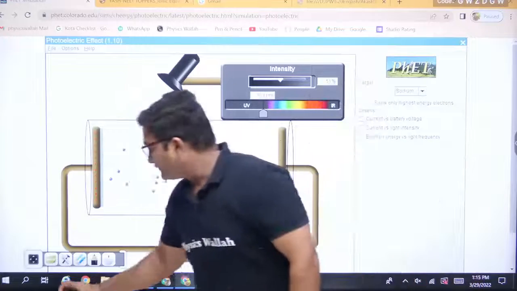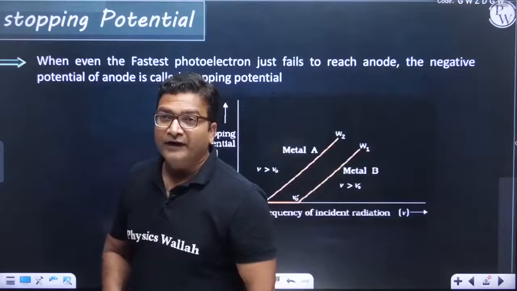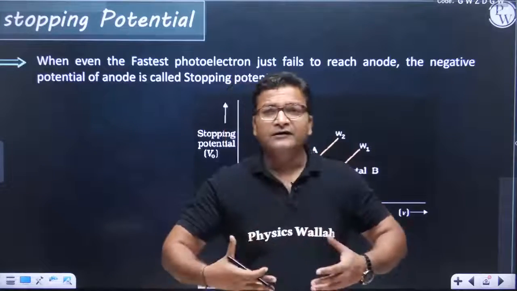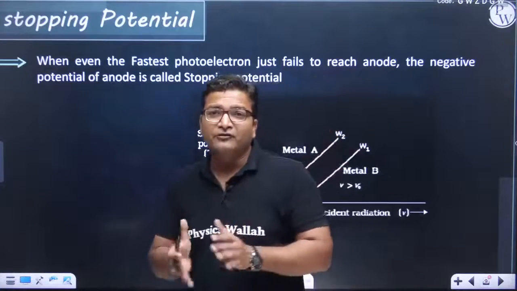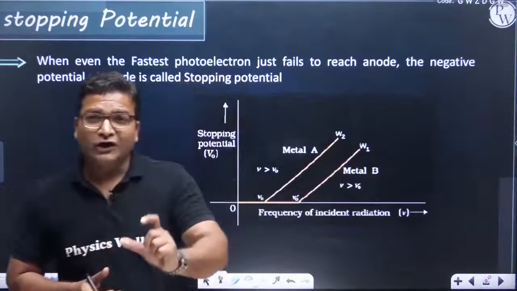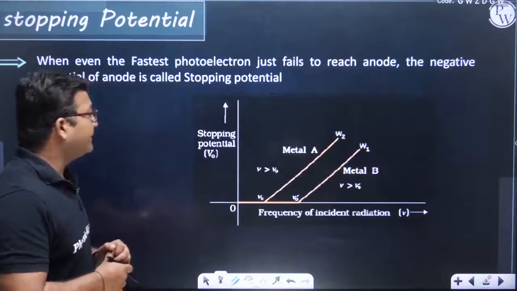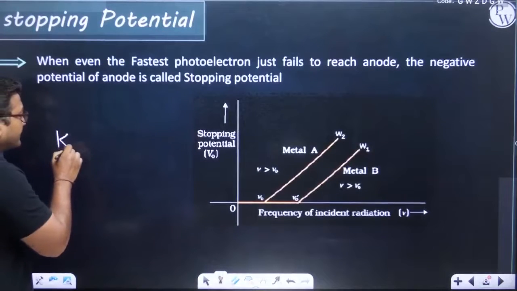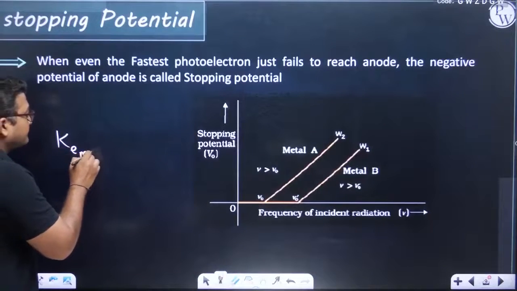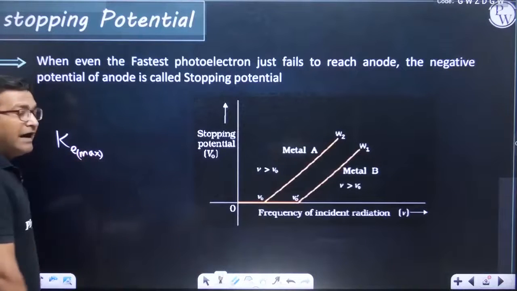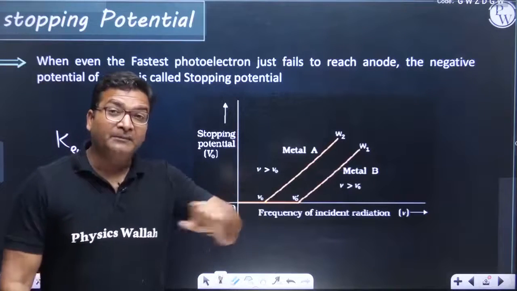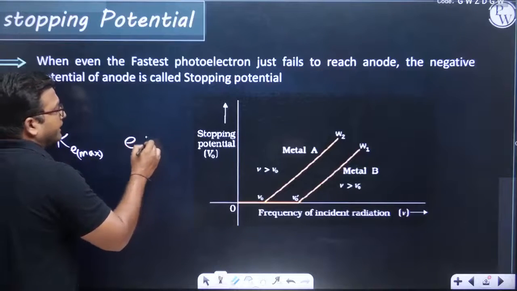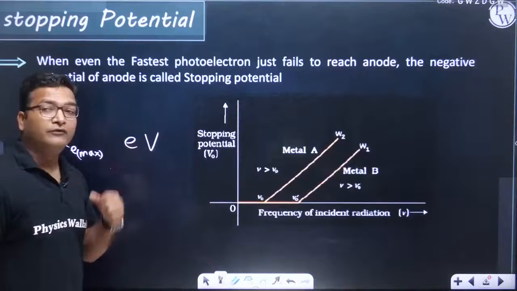So remember this point. When even the fastest photoelectron just fails to reach anode, this negative potential of anode is called stopping potential. Obviously, the kinetic energy of fastest electron is Ke max, and the energy they are going to lose in the path is e times the magnitude of negative voltage in the path.